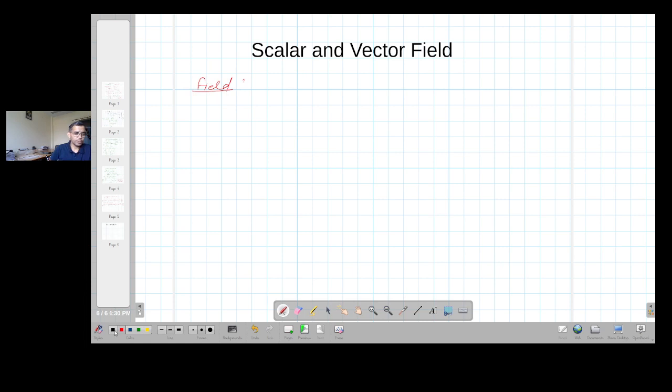So let me talk about it mathematically. A field is a region in space in which a function f is defined at all points.